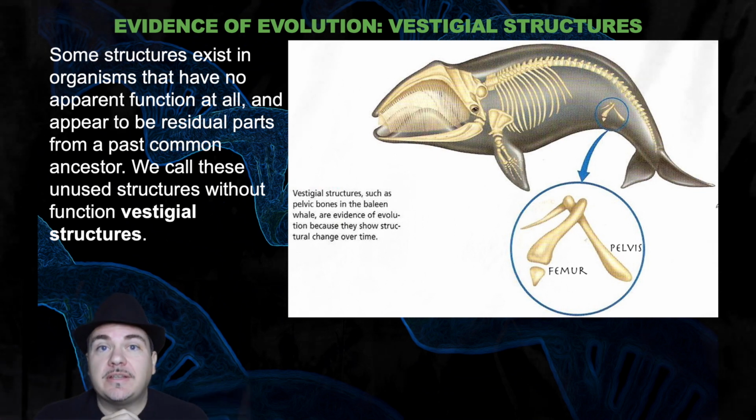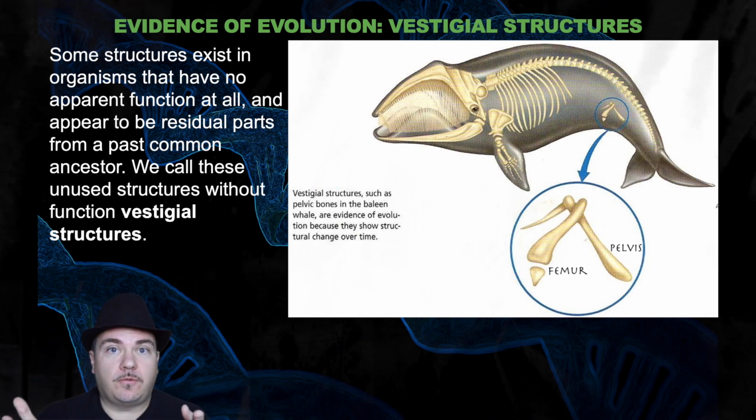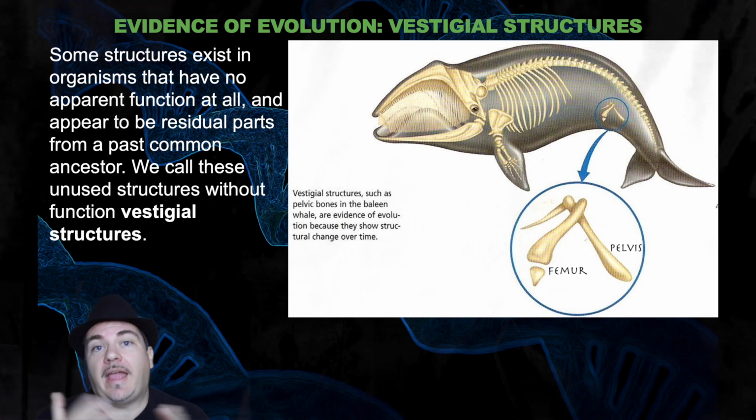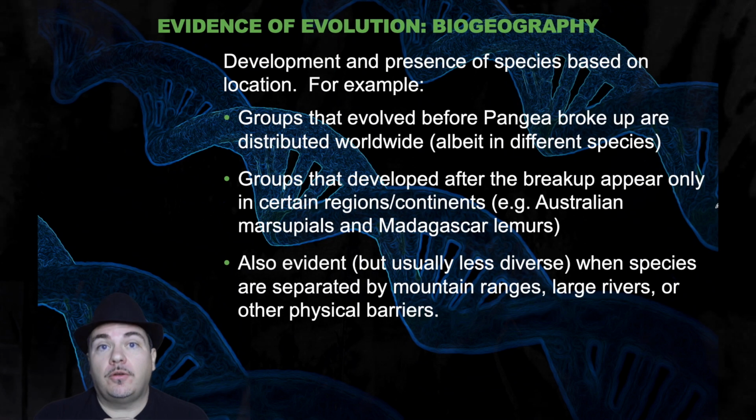But it hasn't been completely selected against yet. That's why you can find the remnants of the pelvis and the femur. Okay, this is another type of evidence which is called vestigial structures. Okay, vestigial structures are structures that the organism doesn't have a use for, but they are useful in the ancestor of that organism. Other evidence for evolution is biogeography.